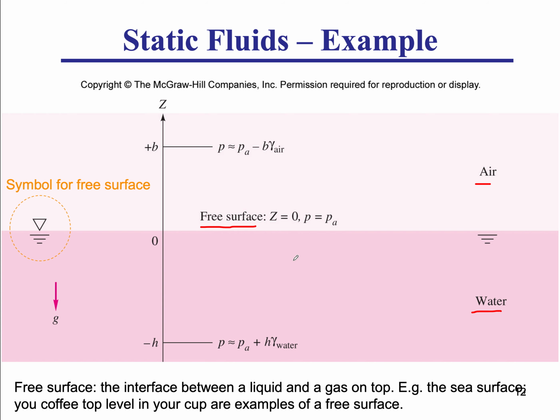And at that free surface, at z equals 0, I know my pressure, so I can go back, if I've placed my origin here, and find my P0 in the previous slide to be the atmospheric pressure at the free surface. So the symbol for the free surface is this triangle with 3 lines underneath it.